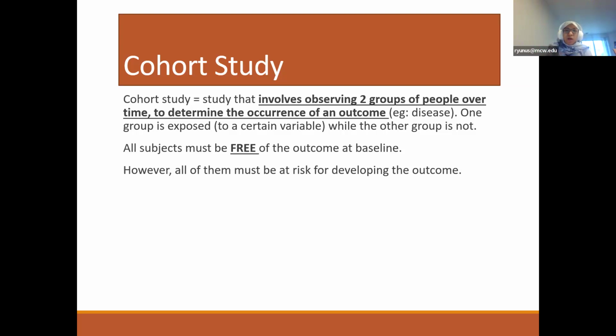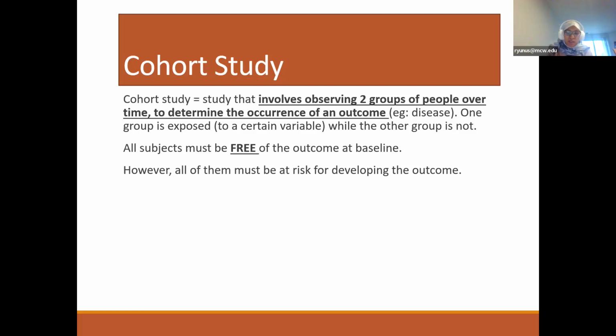Okay. All subjects in a cohort study, when you start sampling for your respondents at the baseline, right? When you start, everybody in your study must be free of the outcome. They cannot have the disease. That means the disease status has to be negative. If any of them has the disease, then there's no point of following them up, right?